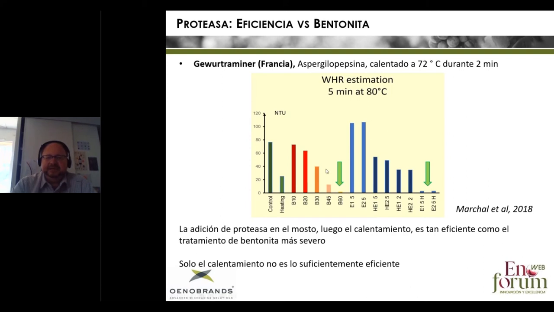And you can see here with the green arrow the efficiency of bentonite at 60 grams per hectoliter, and the efficiency of this aspergillopepsin after heating at two different dosages, 1.5 or 2.5. So this application of protease is as efficient as the bentonite treatment.